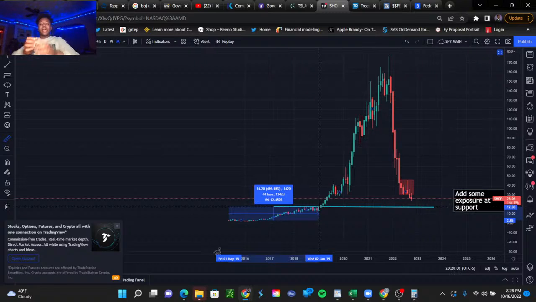That's why I'm not big on it. I wouldn't put that in my model to say Shopify's going to hit $170 again. But if we go back to where I got it highlighted blue, this is from IPO to 2019. If you bought at IPO, that's a 600% return over a 4-year period.